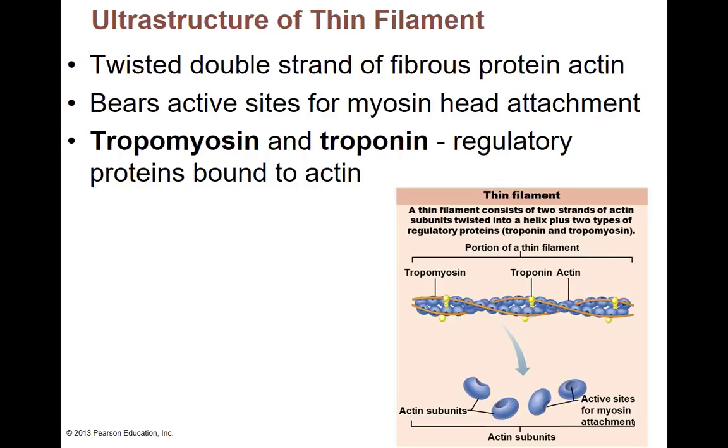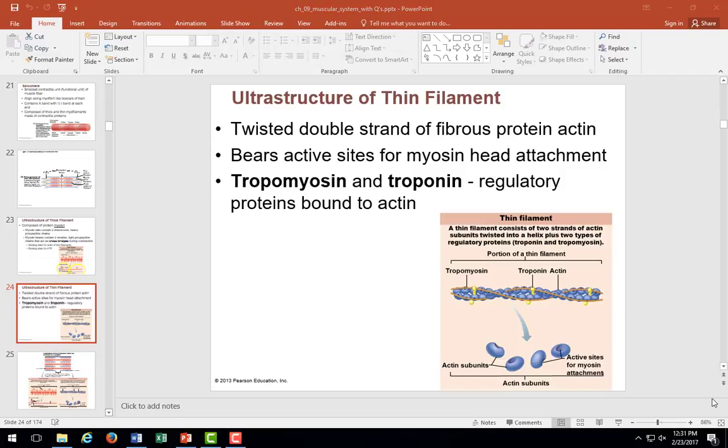And if it's covering an active site, nothing can happen. Troponin, this little yellow protein, just anchors. It just holds the tropomyosin in place. I'm anchoring that tropomyosin, and it's going to cover all the active sites. And so nothing can happen until our nervous system tells it to do something. We'll pick up there next time.